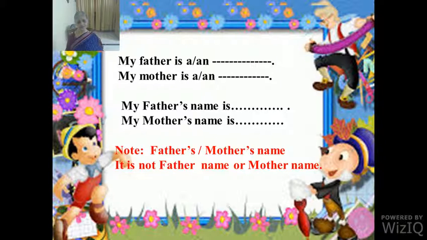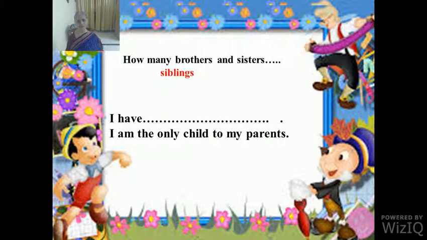Please remember, you should not say, my mother name or my father name. You should say, my mother's name and my father's name. This is a very important point that I wish you to remember, because this is one of the most common mistakes that you make.